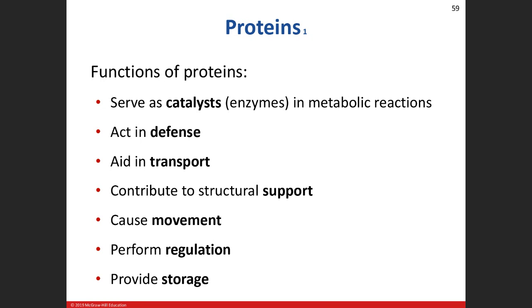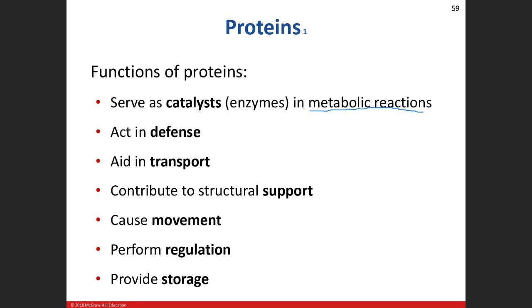To name a few, our proteins act as enzymes or catalysts. What that means is they help to start chemical reactions and get things going, what we refer to in our body as metabolic reactions, that help to serve a biological function, like making something or breaking something down. These types of proteins help to get the party started.